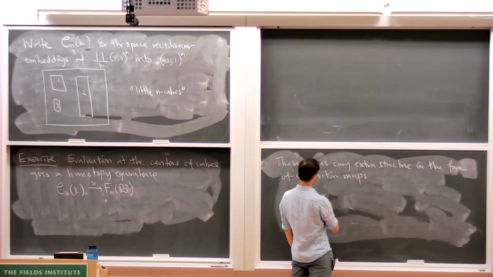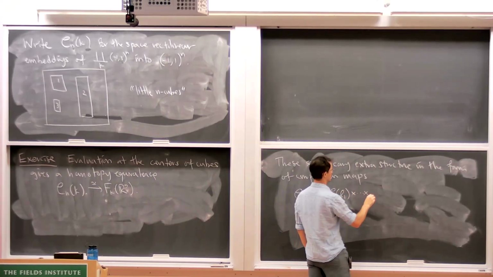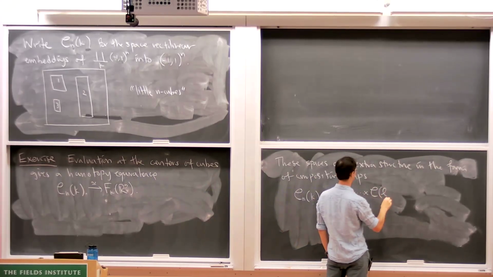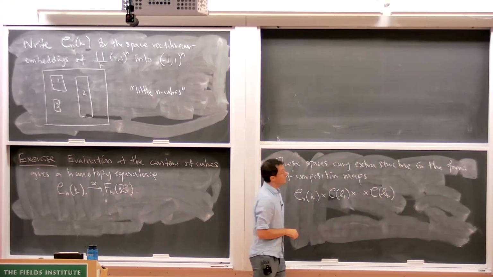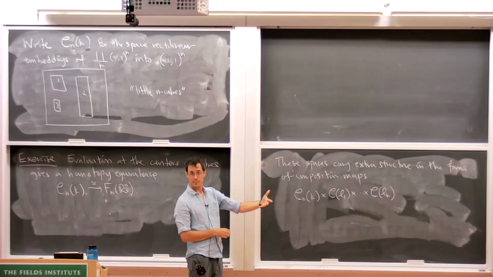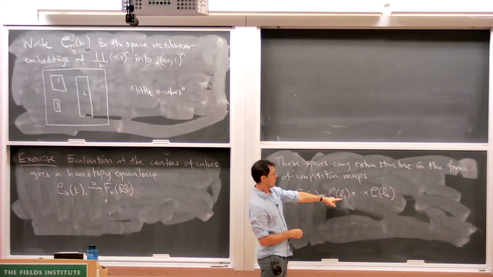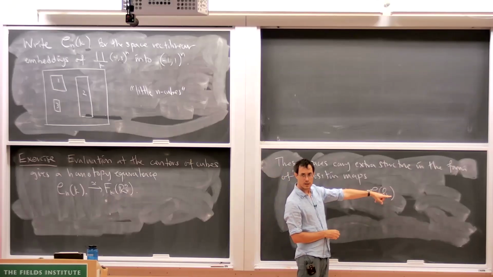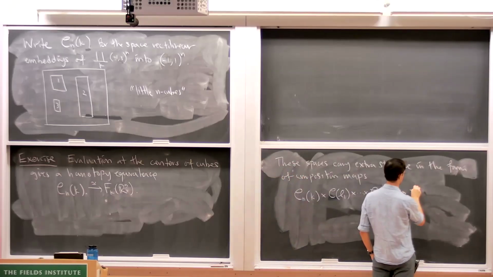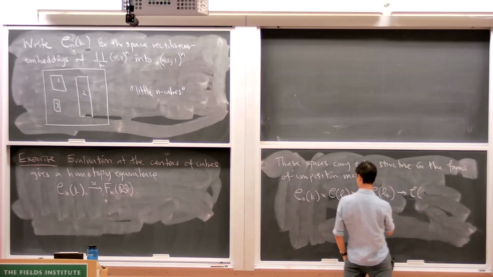So for each 1 up through k, I get some number of cubes: L1 cubes, L2 cubes, up through Lk cubes. And then when I compose those embeddings, what I get is L1 plus L2 plus through Lk cubes in the n-cube.